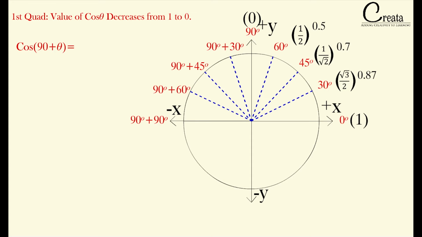And we know at 90 and 270 degree there is a change in trigonometric form. So here cos will change to sin theta. And it is the second quadrant. So on applying our technique of all school to college, we get only sin is positive in the second quadrant. So here cos will be negative. So our formula comes out to be cos of 90 plus theta is minus sin theta.